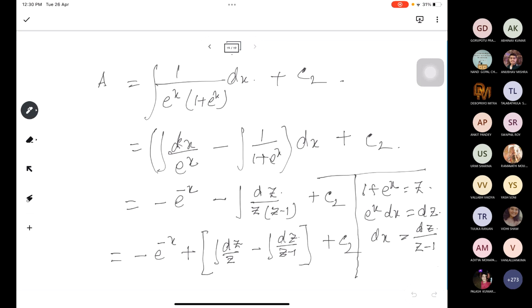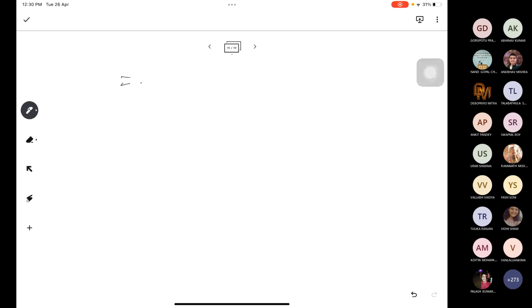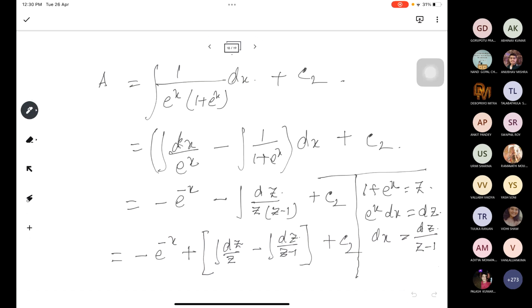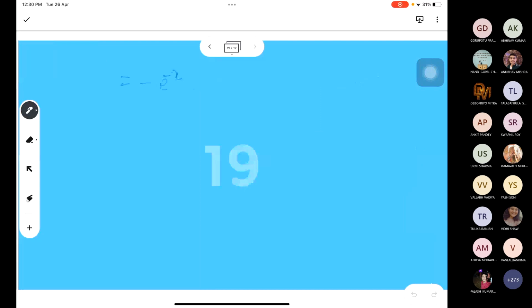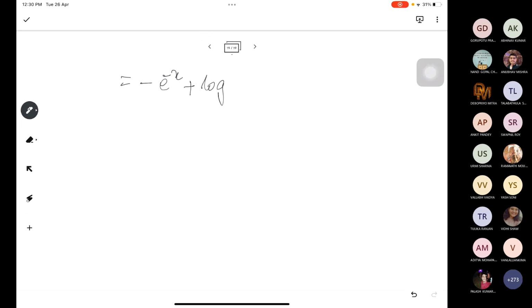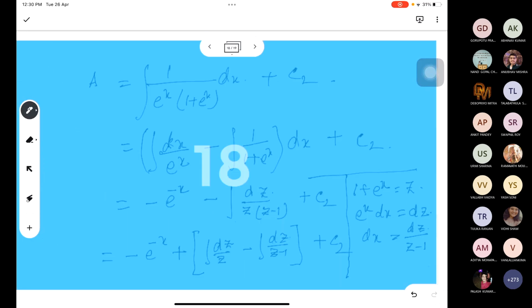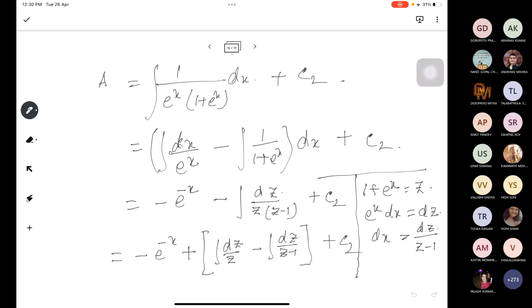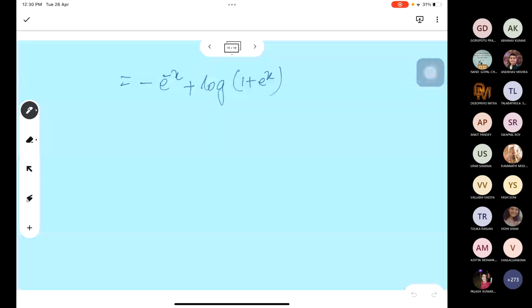So that is, we get minus e to the power of minus x plus log of 1 plus e to the power of x minus log of z minus 1. That is log of e to the power of x.